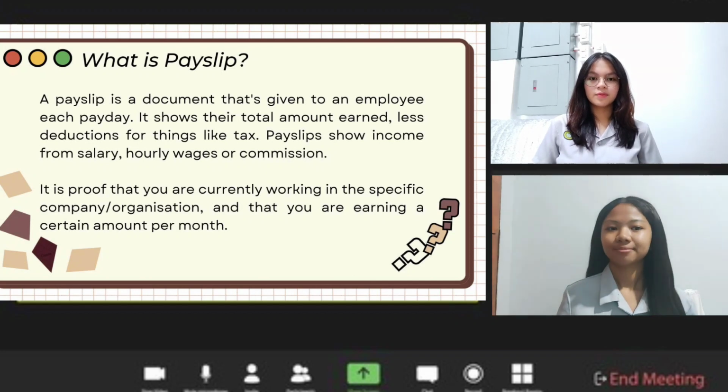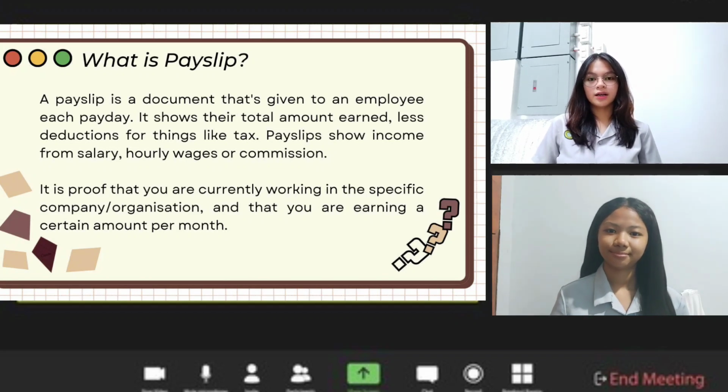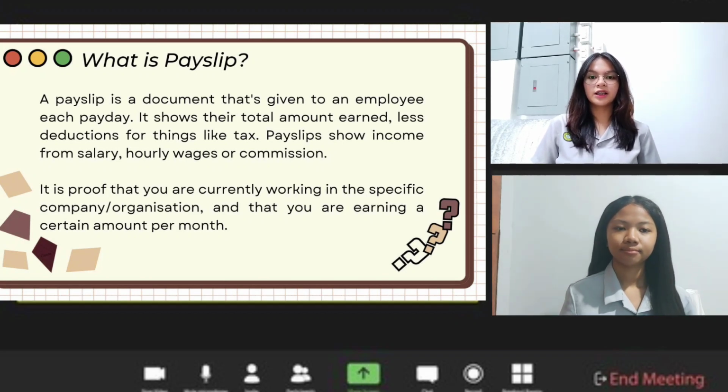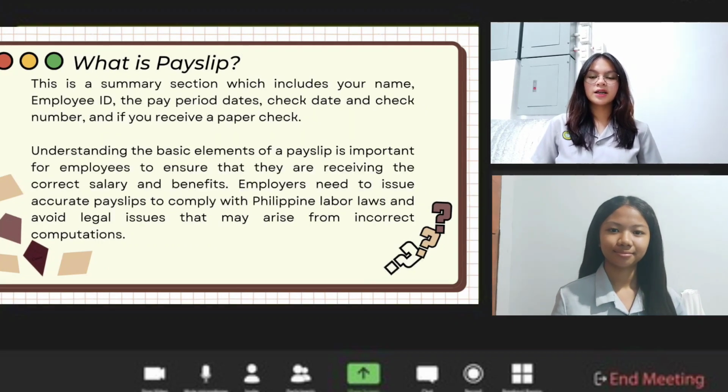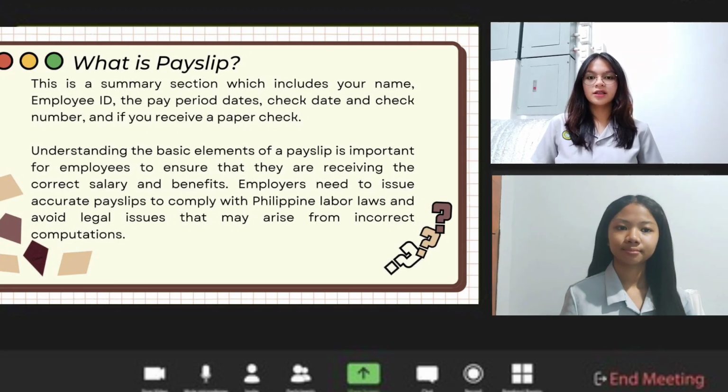Payslips show income from salary, hourly wages, or commission. It is proof that you are currently working in the specific company or organization and that you are earning a certain amount per month. This is a summary section which includes your name, employee ID, the pay period dates, check date, and check number, if you receive a paper check.